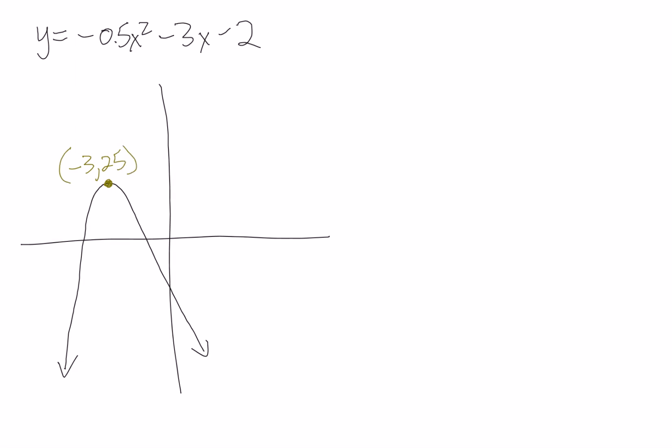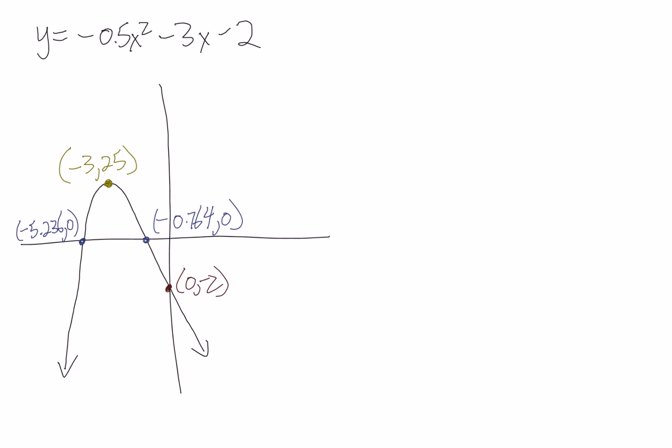Our x-intercepts, which are decimals in this case, are at negative 5.236 and negative 0.764. And our y-intercept is down here, at 0, negative 2. So we have all four of our key points.